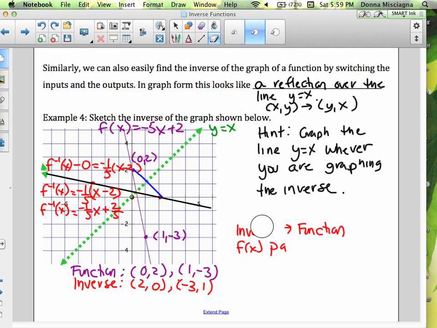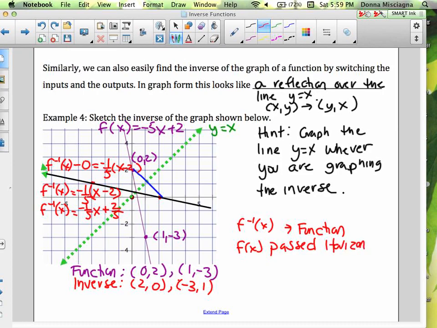So actually I'm going to write it with the notation. So f inverse was a function because f of x passed the horizontal line test. It studied, did a really good job, did all its work, and passed the horizontal line test. If I draw a horizontal line, I'm only going to go through one and only one point on a line.